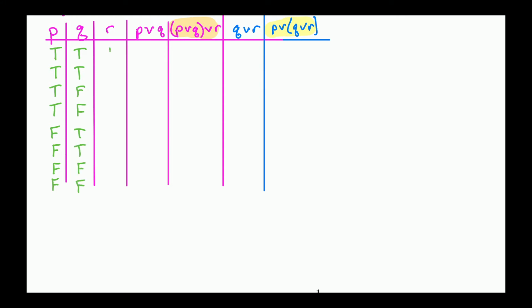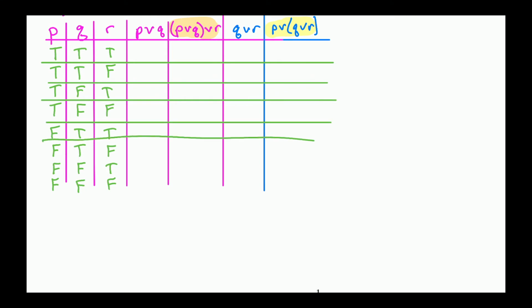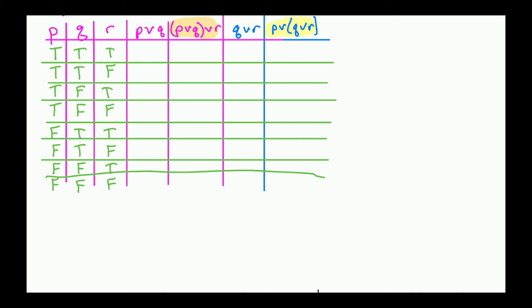And then for the third one, true, false, true, false, true, false, true, false. And I need to make some lines on here, because if I don't, it'll be very messy. It's already going to be kind of messy because I'm messy. We don't need to make it any worse. Okay, so here's our truth table.